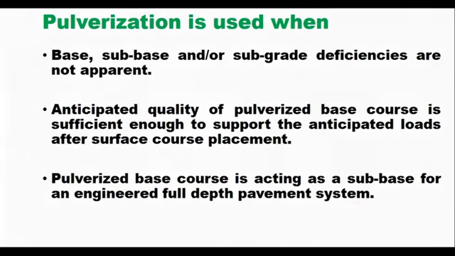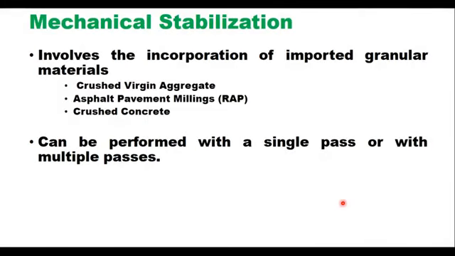In case of mechanical stabilization, we add some imported granular materials like crushed virgin aggregate, or it may be asphalt pavement milling material which we call the RAP, or crushed concrete. So it can be addition of either virgin aggregate or recycled material.